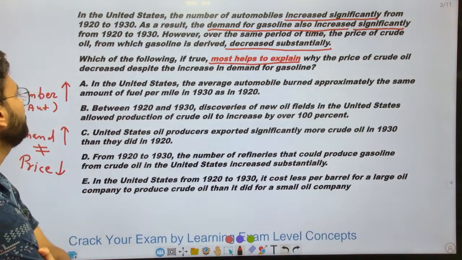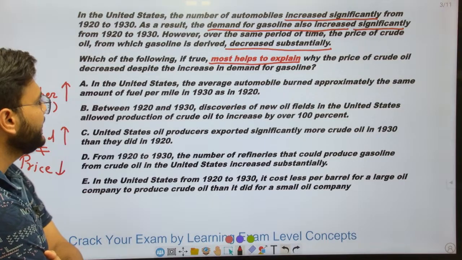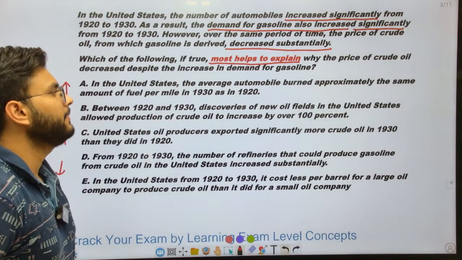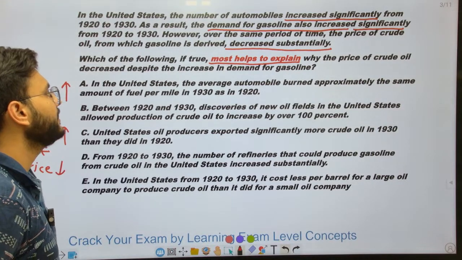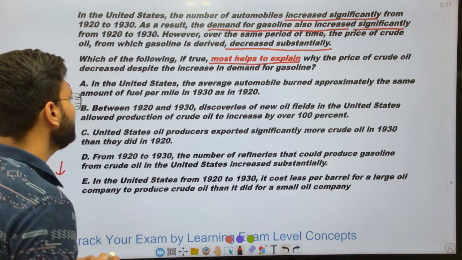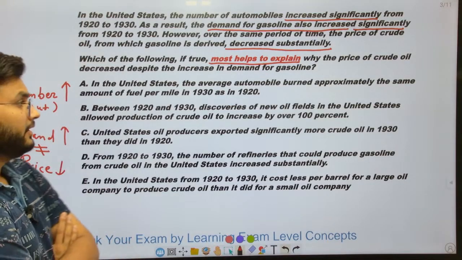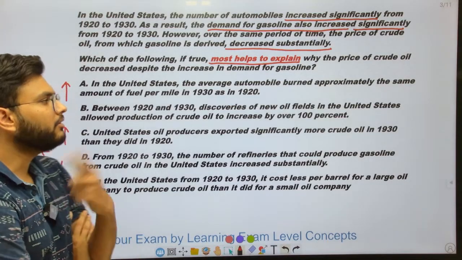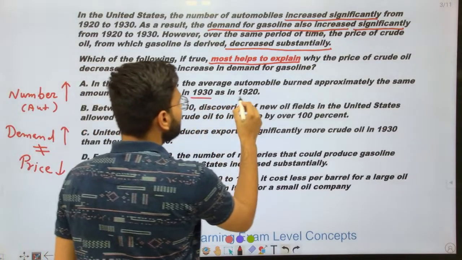Option number 1. In the United States, the average automobile burned approximately the same amount of fuel per mile in 1930 as in 1920. All right. This option tells me that automobiles burned approximately the same amount of fuel per mile in 1930 and 1920.